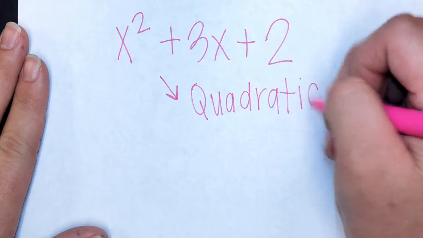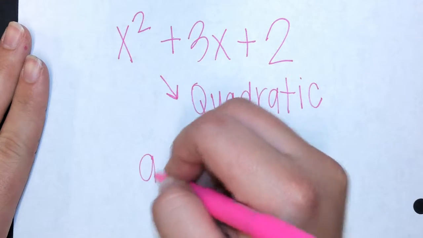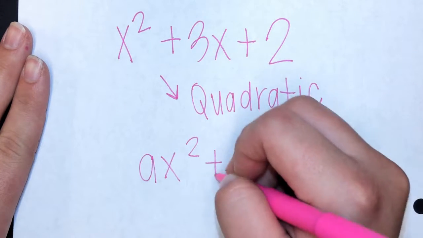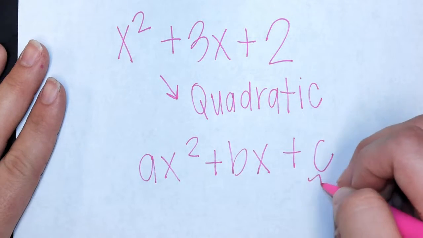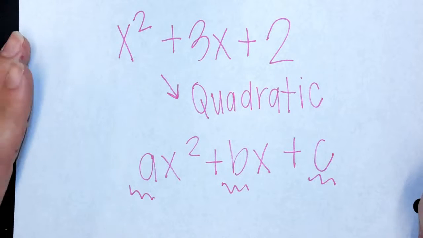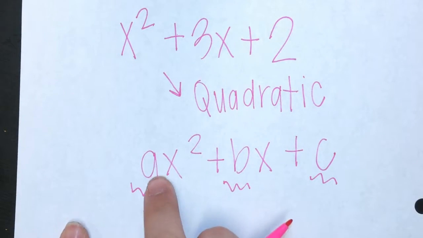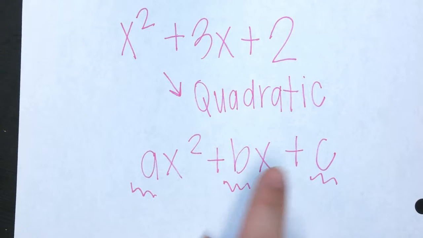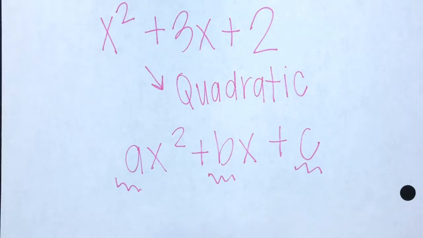It is a quadratic if it's in the form ax squared plus bx plus c. Now what a, b, and c stand for, these just stand for numbers. They're just numbers. They're different. Okay? So as long as it's in the form x squared plus x plus another number, it's a quadratic.